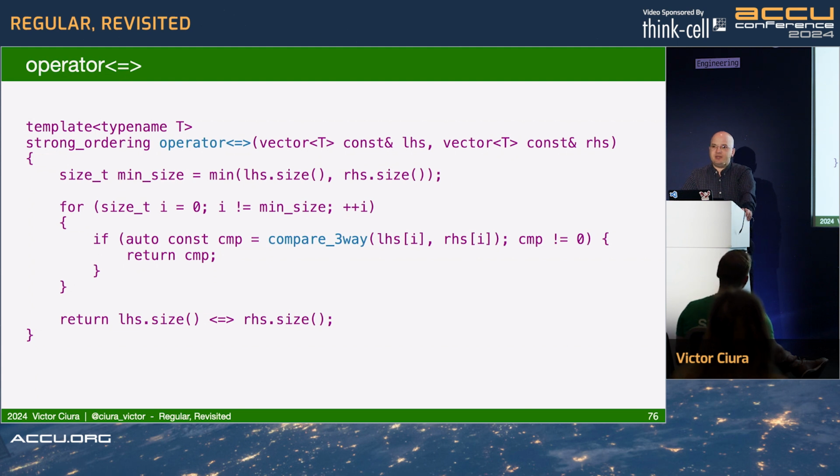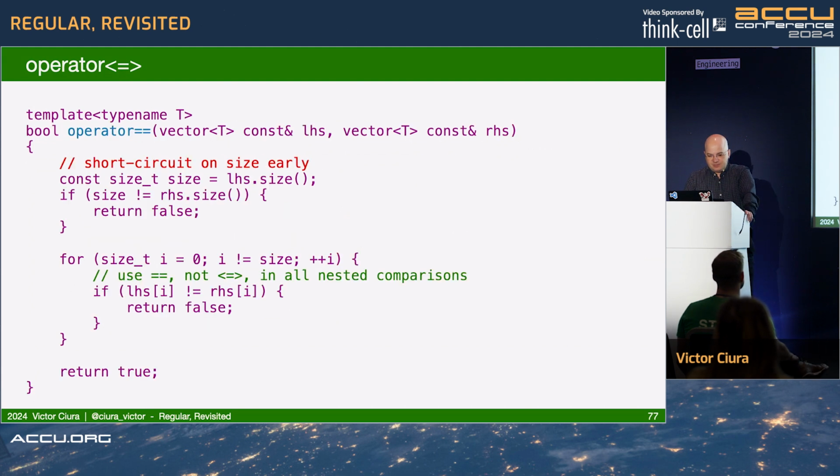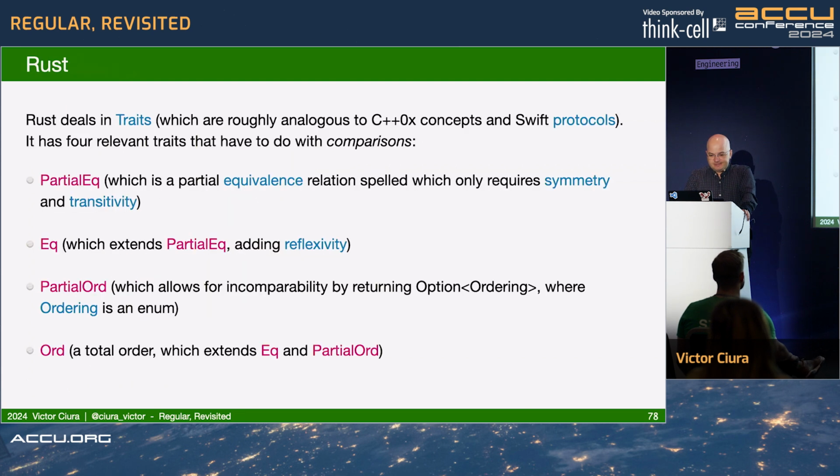For example, you compare a vector of a million elements with a vector of 1,000,000 plus 1, right? Then you're probably going to see this kind of thing. So that's why you need to come in with a defined equality operator to be able to short circuit.